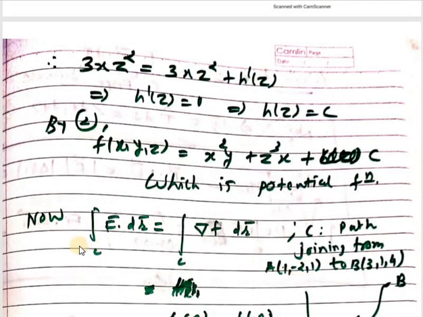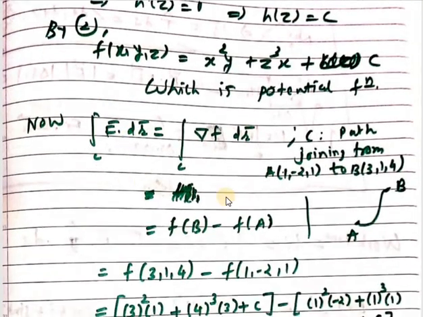Now our target is to determine whether the line integral is path independent. As we have discussed in the fundamental theorem, if F is a gradient, we can say our line integral depends only on the endpoints and not on the path.